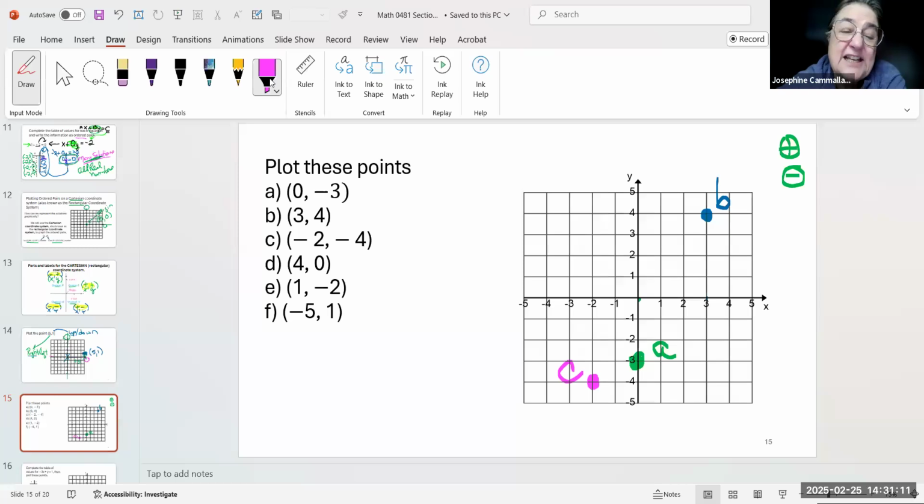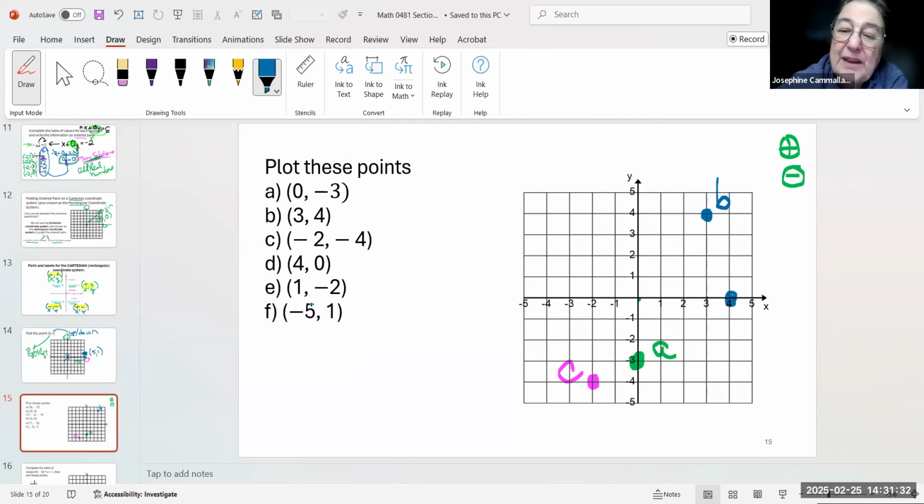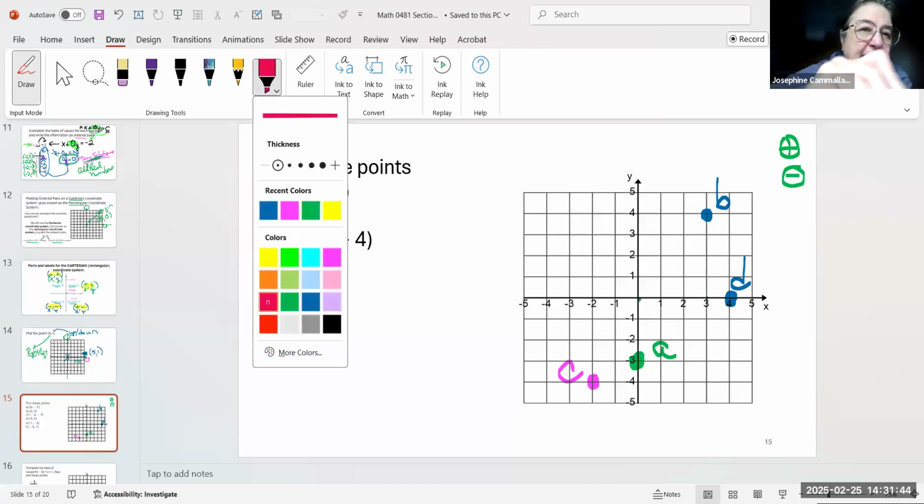Now, I like to consider right, left, up, down. Just me. Because now, D, the first number is a right, left number, which means that I am going to sit right here. This is my (4, 0). E, the first number's positive.